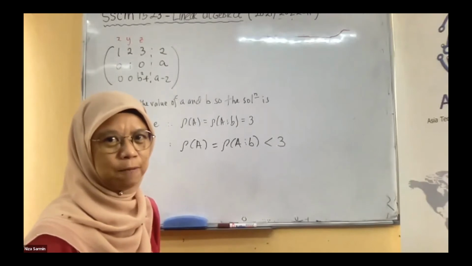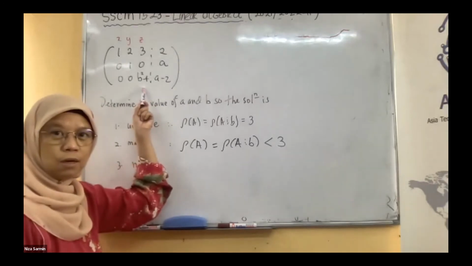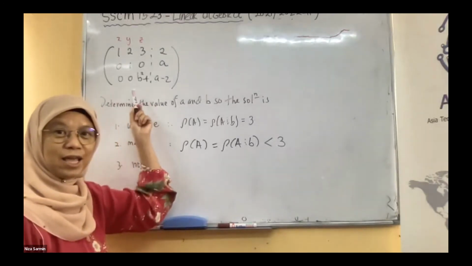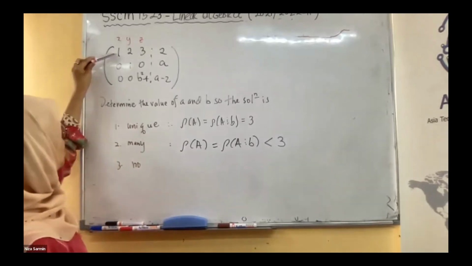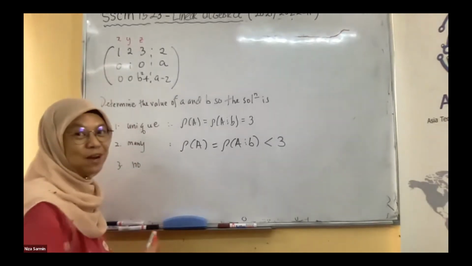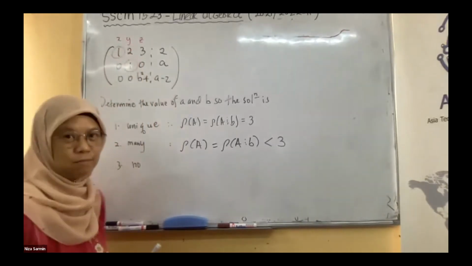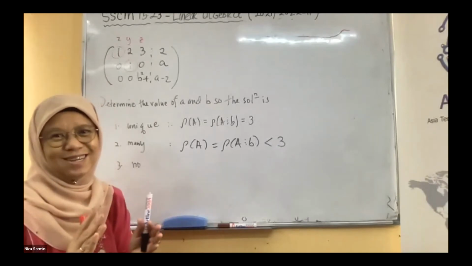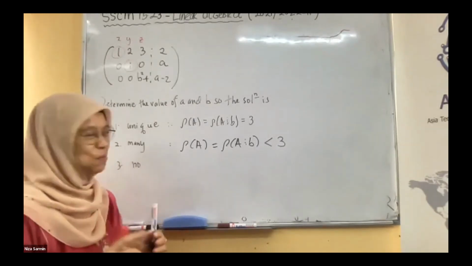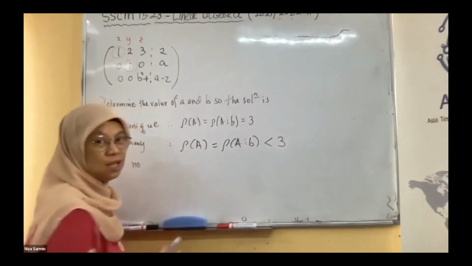From this, the rank has to be bigger or equal to 2, because there is already a 1 here and a 1 here. So the rank is at least 2, meaning it has to be 2, because we want it to be less than 3.